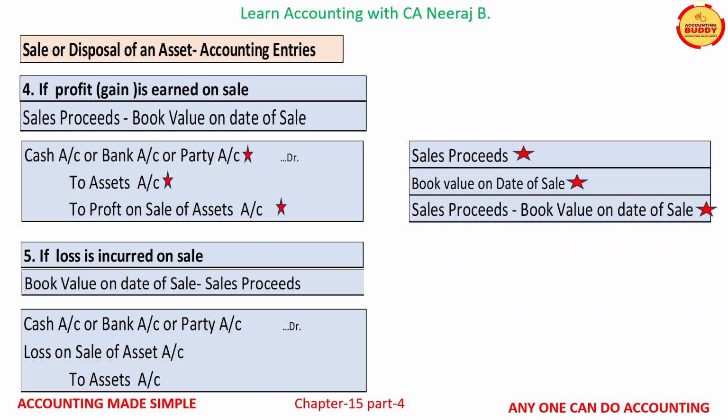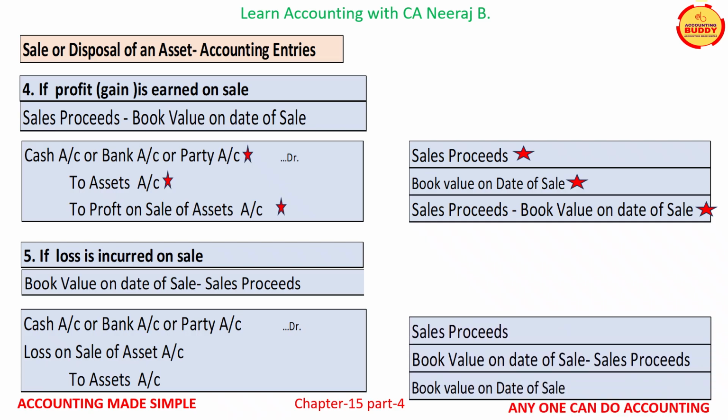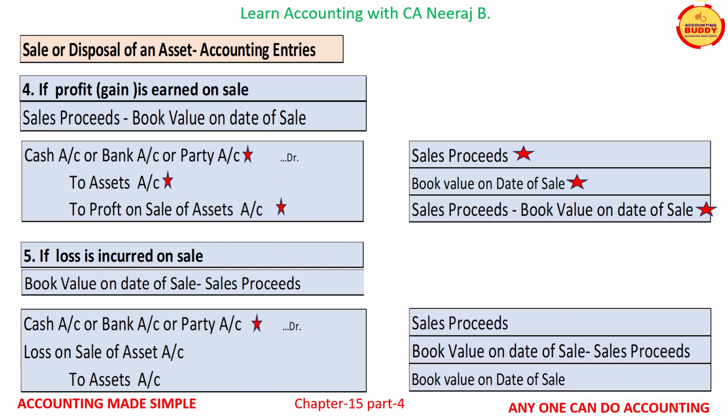The cash account or the bank account or the party account as the case may be is debited with the amount of sales proceeds. Loss on sale of fixed asset is also debited with the loss amount, that is the amount excess of the book value of the asset on the date of sale over its sales proceeds. And the asset account is credited with the book value of the asset on the date of the sale.